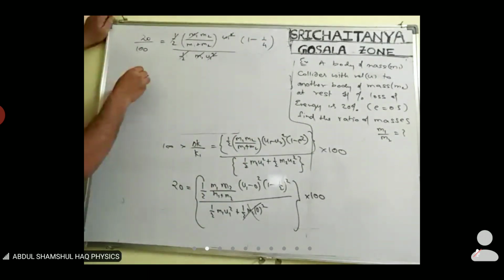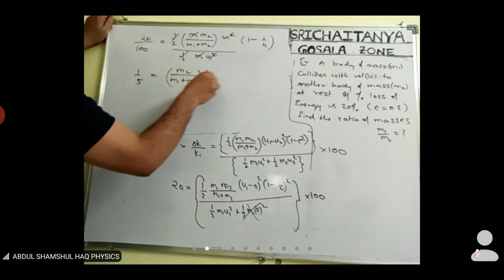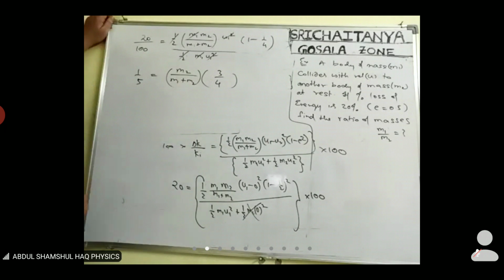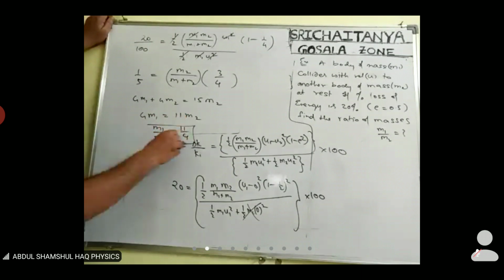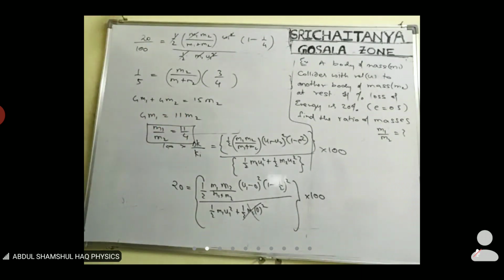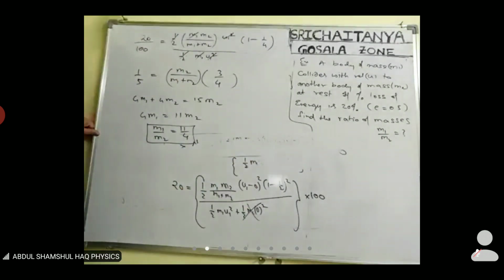So 1/5 is equal to m2 divided by m1 plus m2 into 3/4. Multiply by 4: 4m1 plus 4m2 is equal to 15m2. Therefore 4m1 is equal to 11m2, so m1/m2 is equal to 11:4. Is the question clear to everyone, students?